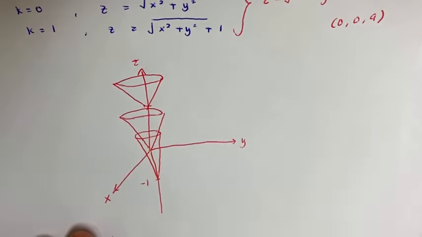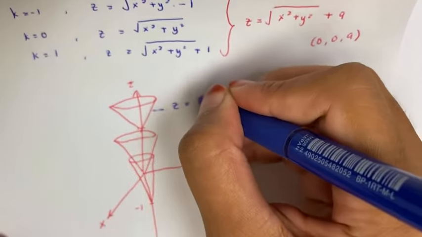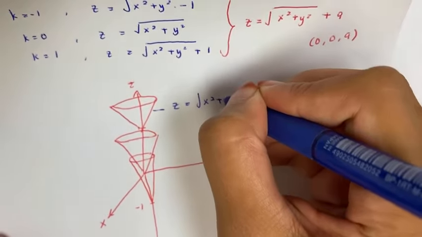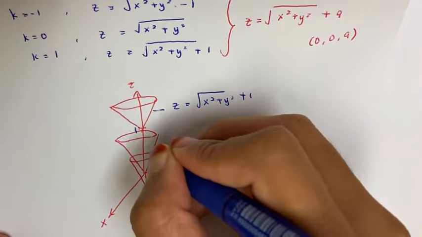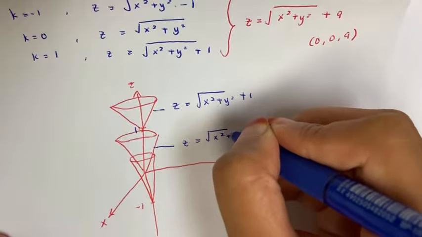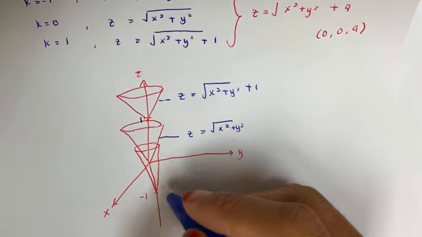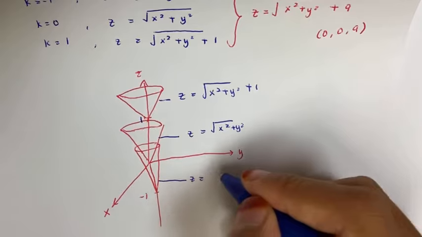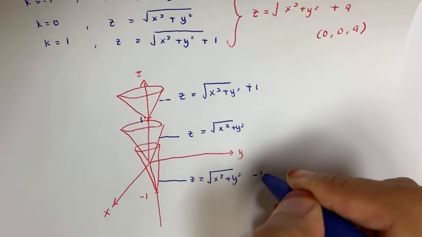So this is z equal to the square root of x square plus y square plus 1. This is z equal to the square root of x square plus y square plus 0, and this one is z equal to the square root of x square plus y square minus 1.